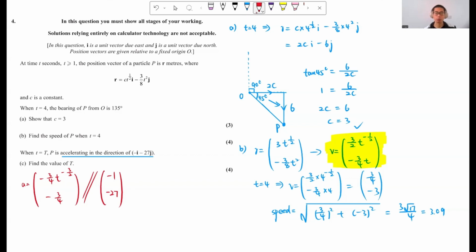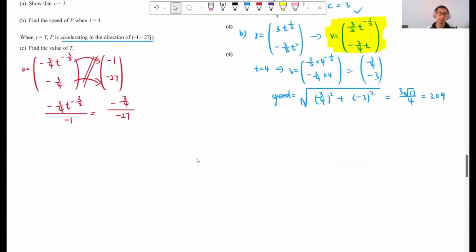Because those two vectors are parallel, the scale factor between each component should be the same. So we use the i component divided by the i component equal to the j component divided by the j component, and then solve that equation.